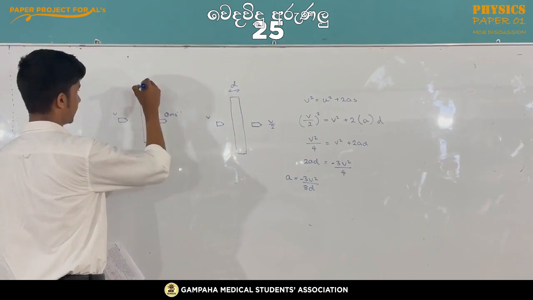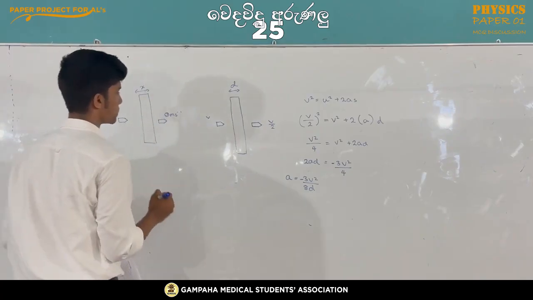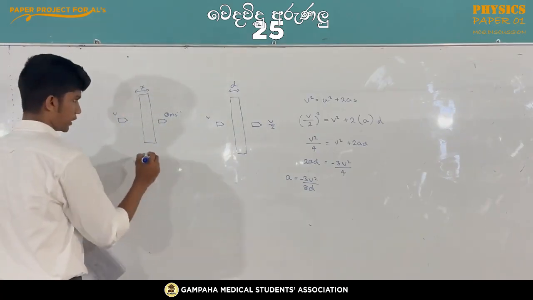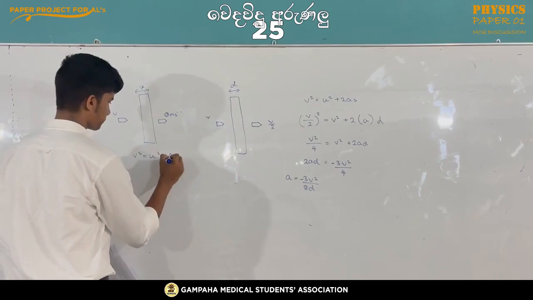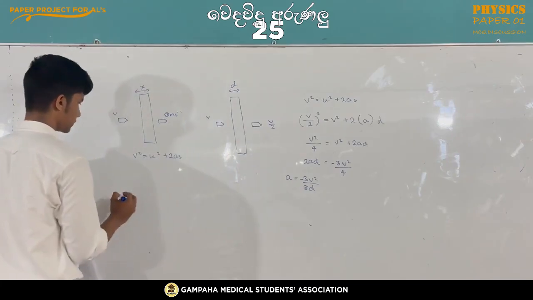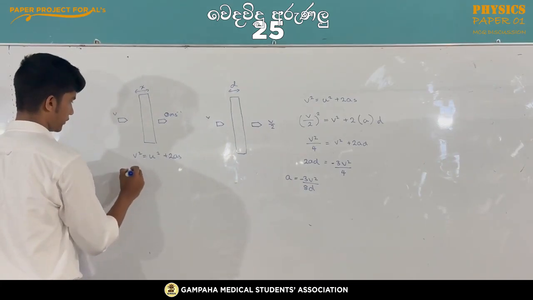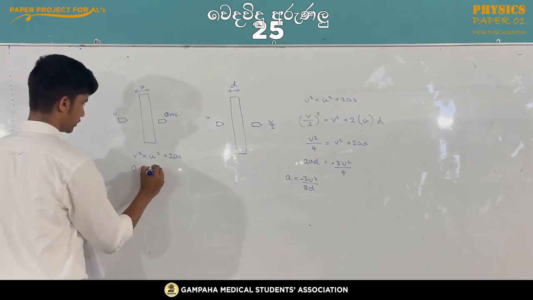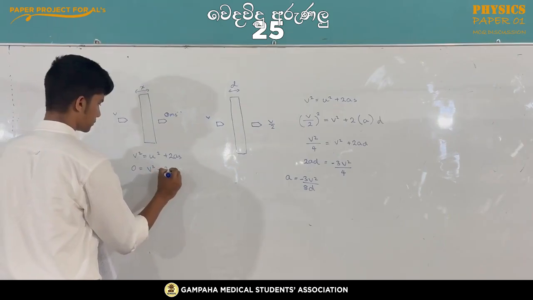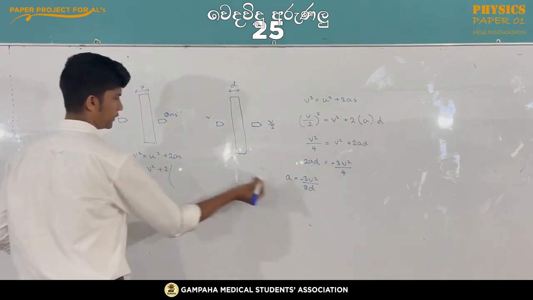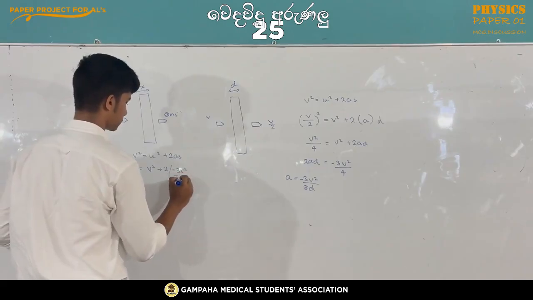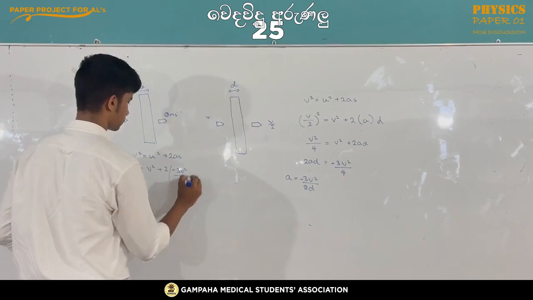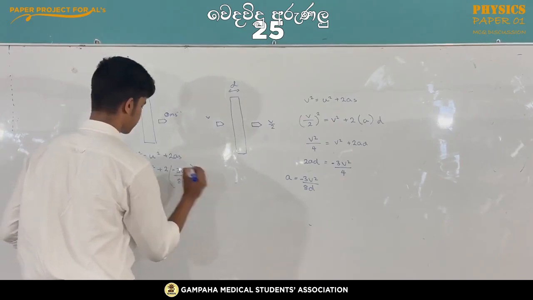We'll take it as x. Then we can use the same equation once again. So then the final velocity is 0, initial velocity is V, plus 2, and instead of a, we can use this expression. S is equal to x.